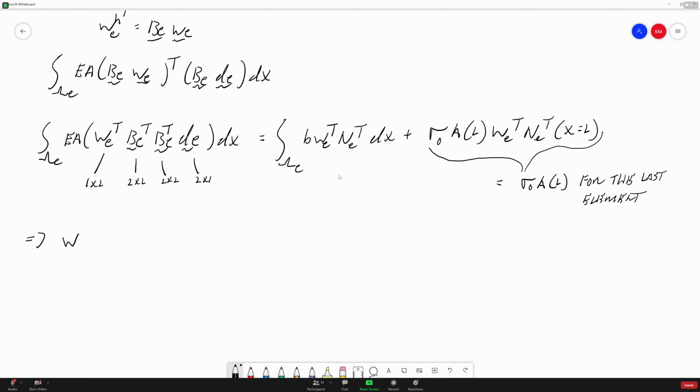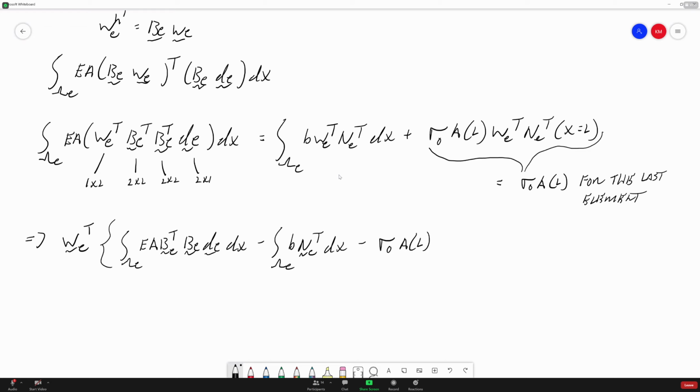So we get WE transpose times the integral of our element BE transpose BE DE dx minus the integral over our element B NE transpose dx minus sigma naught AL NE transpose at x equals L, which is enforced to be the 0 vector.